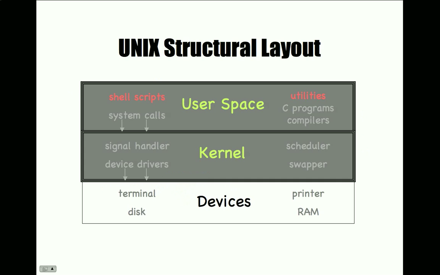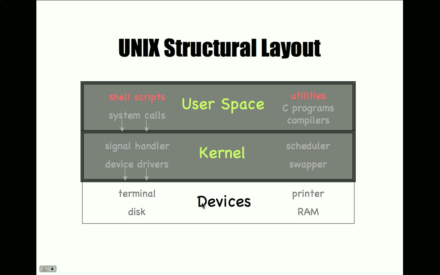And if you look at this picture schematically, at the lower level we have the hardware devices, including the memory, the printer, disk, terminal, etc. Then we have the kernel, which is directly interacting with those devices, and it attaches to the device controllers with device drivers that are small programs that allow us to control the devices.